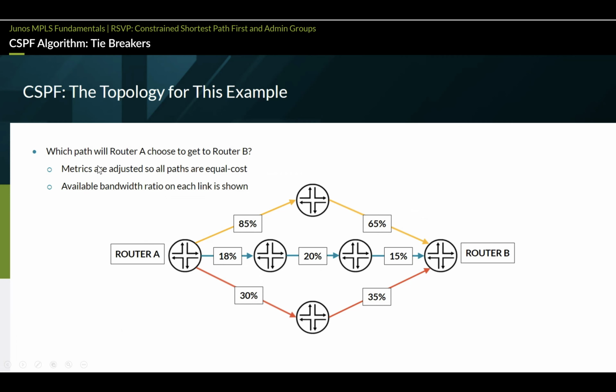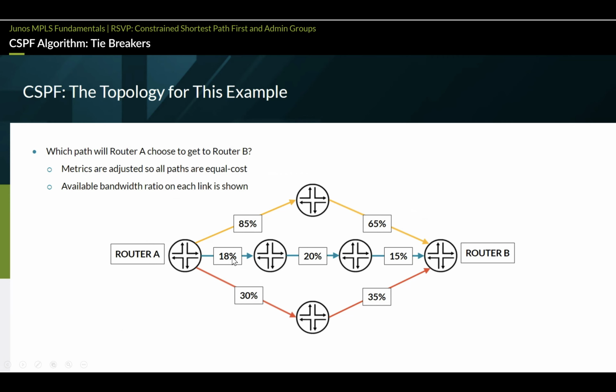There are three paths. Metrics are adjusted so all paths are equal cost. Considering here all paths are equal. Metrics are adjusted in the backend. The available bandwidth ratio on each link is shown.